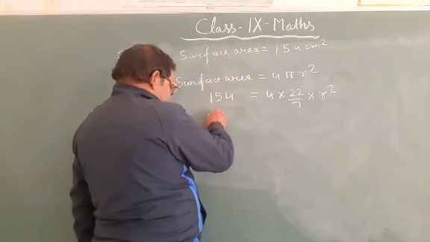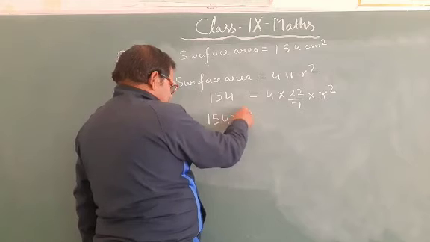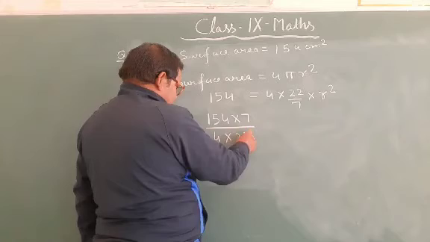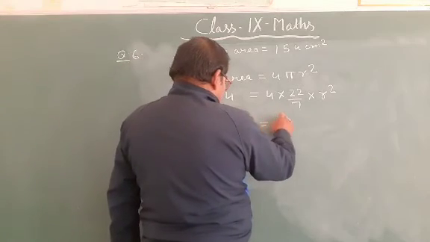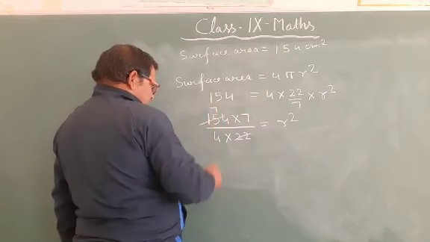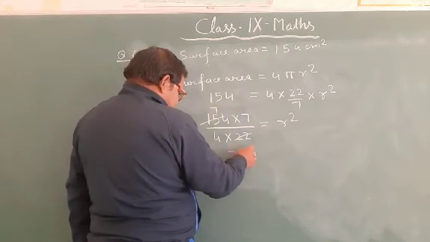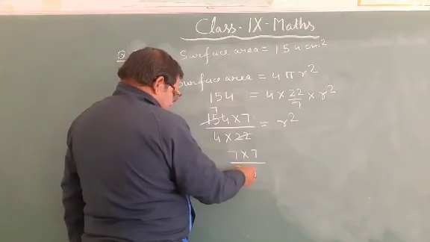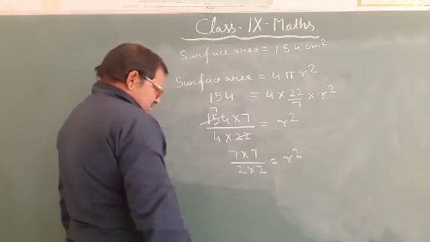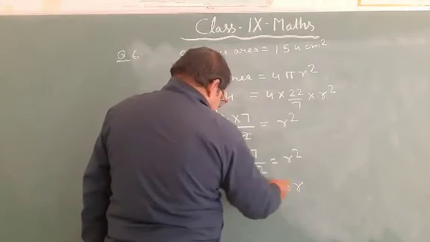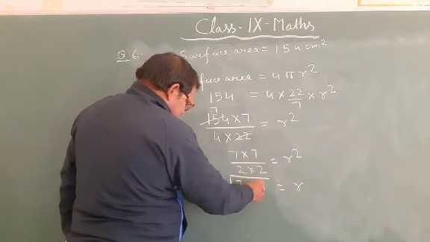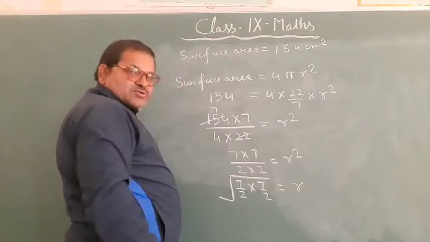So 154 into 7 upon 4 into 22 equal to r square. 7 into 7 upon 2 into 2 equal to r square, and r is equal to under root 7 upon 2 into 7 upon 2.